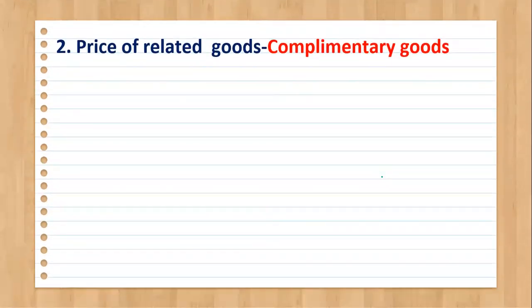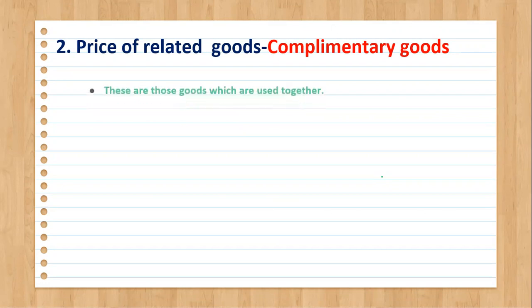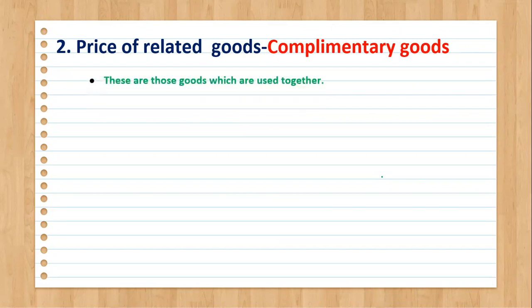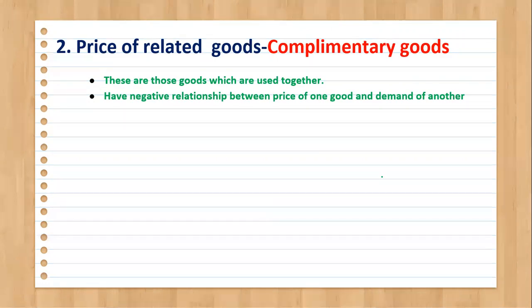The next is complementary goods. These are those goods which are used together, like sugar and tea, pen and ink, your car and petrol, needle and thread, right? These goods possess a negative relationship, which means if the price of one good increases, then demand for another decreases.